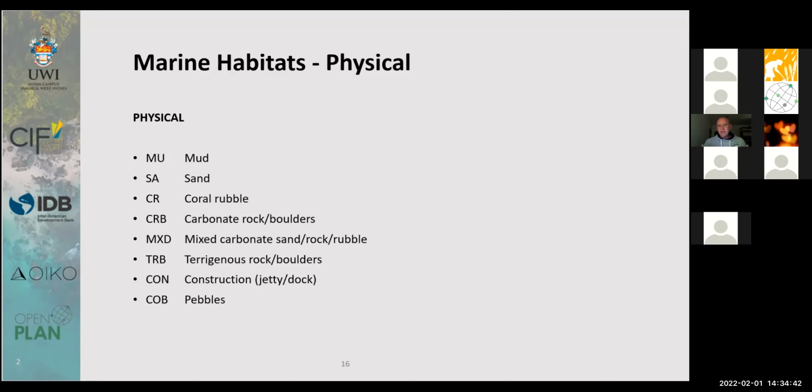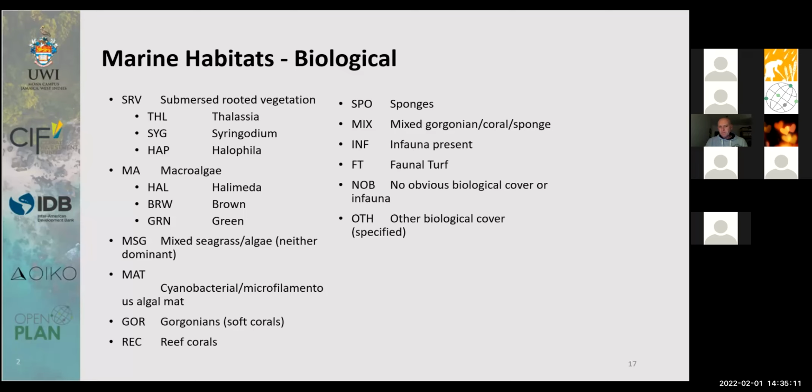So for example, being able to determine muds from coral rubble, carbonate rock platforms or boulders, through to mixed carbonate areas, reef areas, and man-made anthropogenic areas. So the use of LiDAR is critical in being able to determine the footprint of different types of physical components.